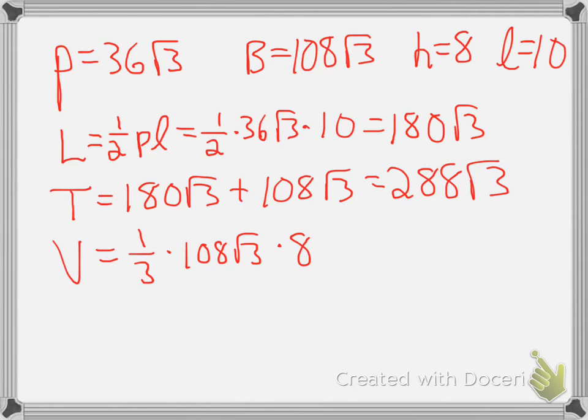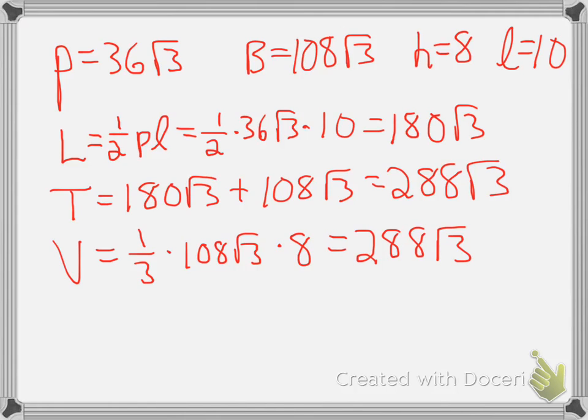The height was 8. So this is going to be 1/3 of 108 is 36. Now if we take 36 and multiply it by 8, we're going to end up, oh my goodness, 288 times the square root of 3.